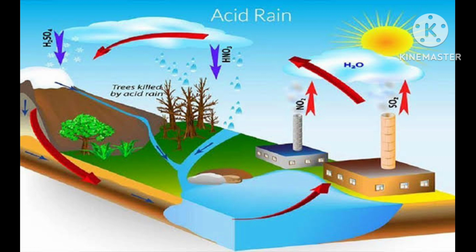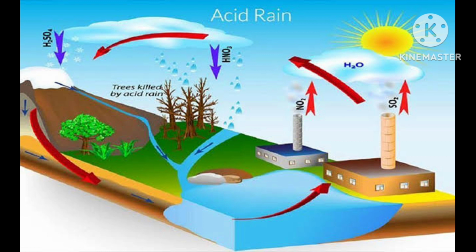Acid rain is a byproduct of a variety of human activities that emit the oxides of sulfur and nitrogen in the atmosphere. As I have discussed, burning of fossil fuels which contain sulfur and nitrogen, such as coal and oil in power stations and furnaces, or petrol and diesel in motor engines, produces sulfur dioxide and nitrogen oxide.